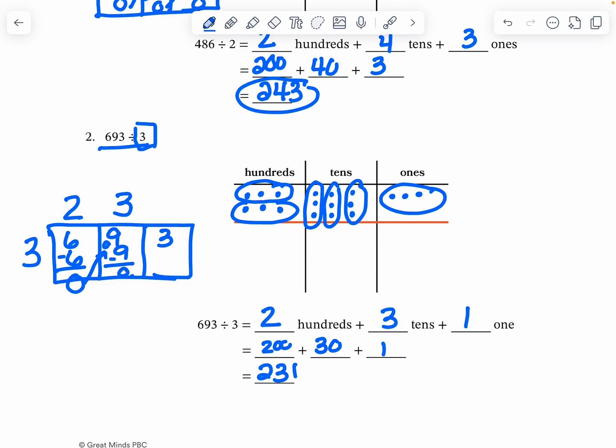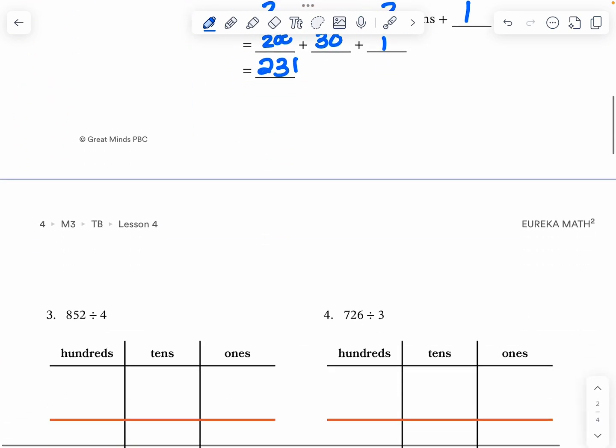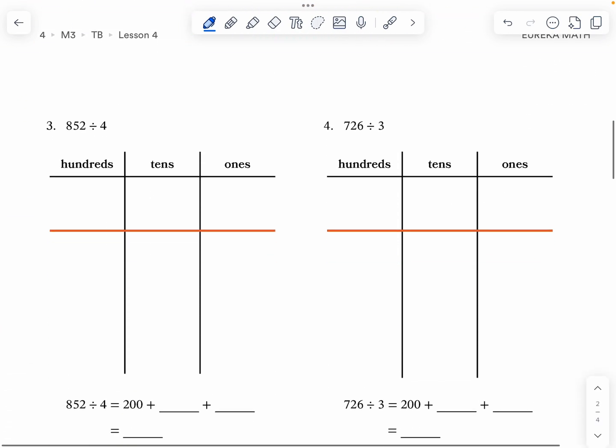Subtract. Bring up. 3 will go into 3 one time. 1 times 3 is 3. And we do not have a remainder, so you should have gotten 231. Now, you try the problem for number 3.